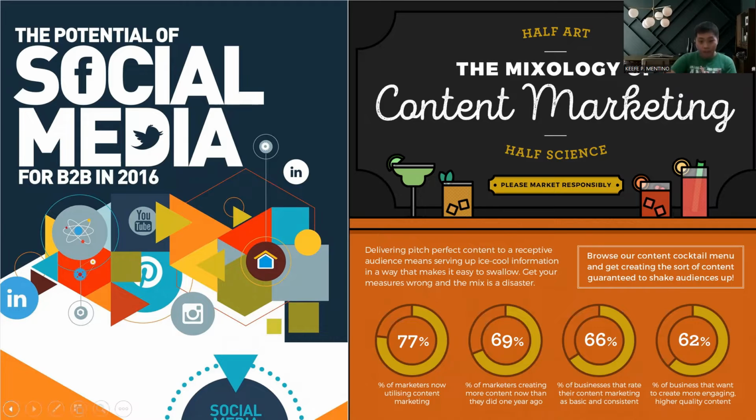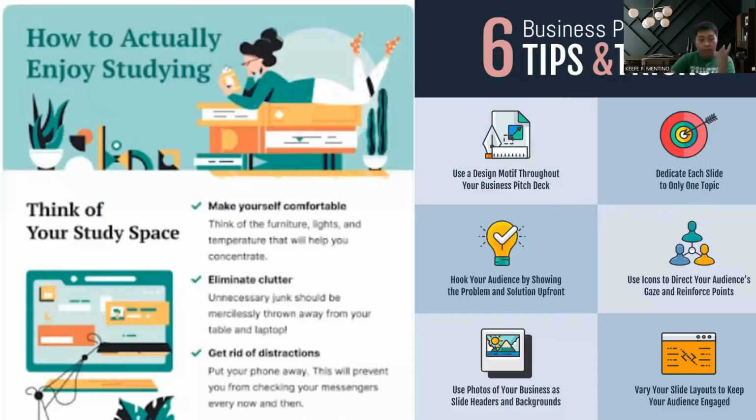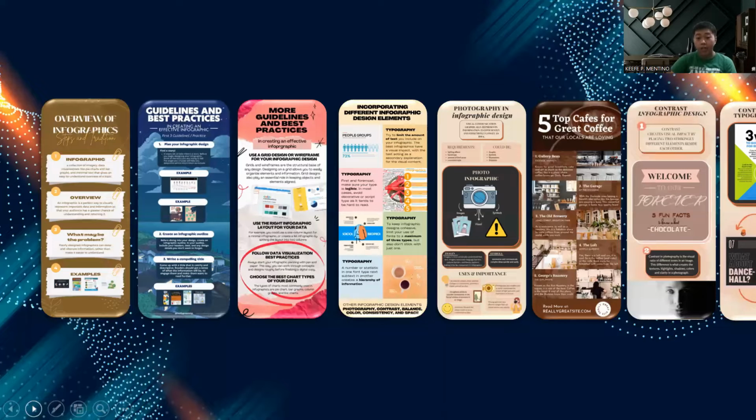Dito, content marketing. Diba? Alam mo na agad, ikaw na reader, may idea ka na kung ano yung makikita mo, ano yung mababasa mo. Dito rin ito, studying business pitch deck. Kumbaga, it gives the reader the idea of what are they reading or what are they supposed to know in this infographic.